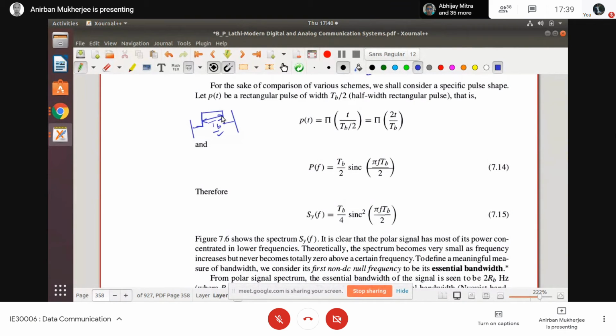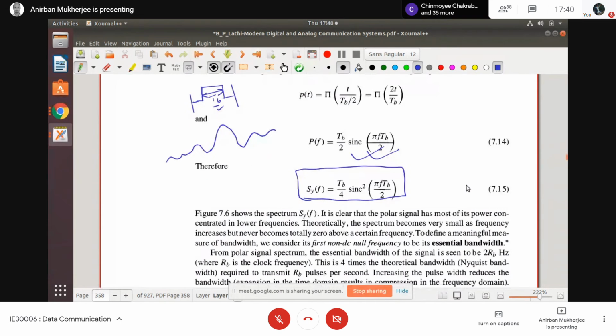The frequency response will be a sinc. So it is coming as a sinc, and finally S_Y(f), the output power spectral density, will be related to this TB, the symbol duration.